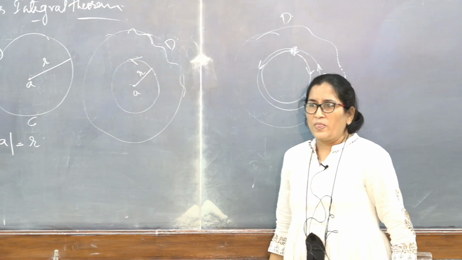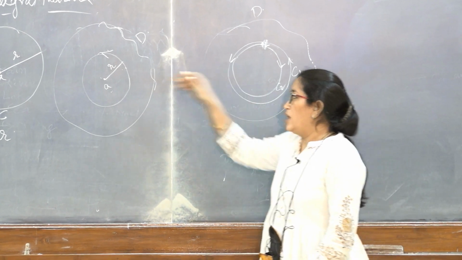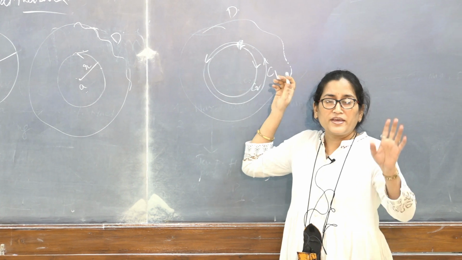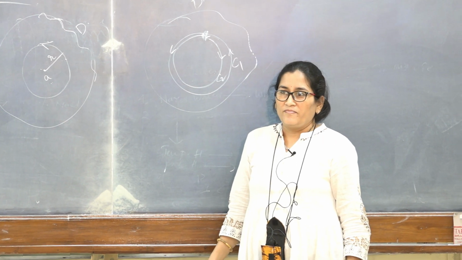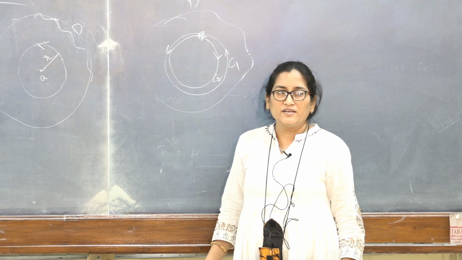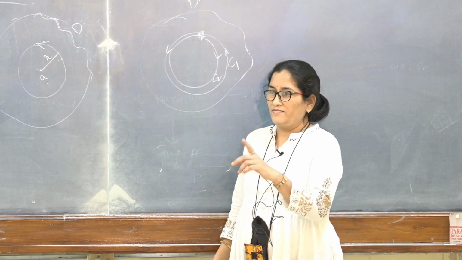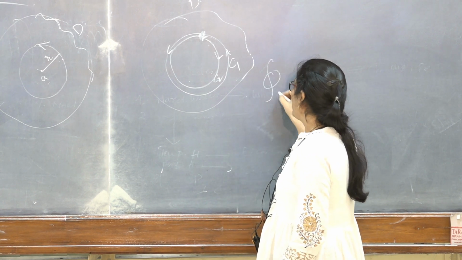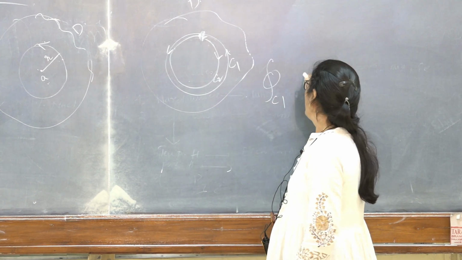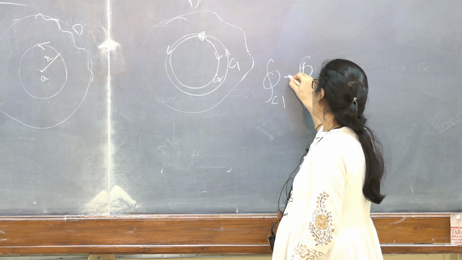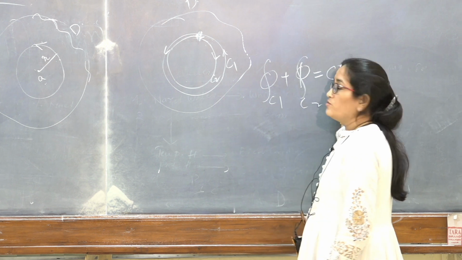The same integral theorem, but previously it had only one circle. Now it is having two circles. Can anyone? This is an assignment type of question. Yeah, exactly. Integral over C1 plus integral over C2, the value is equal to 0.